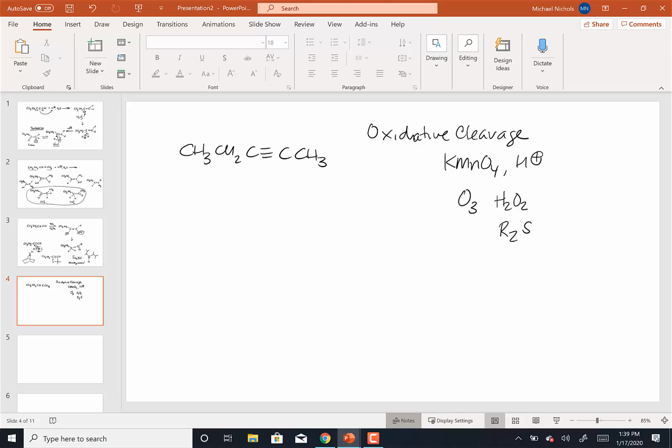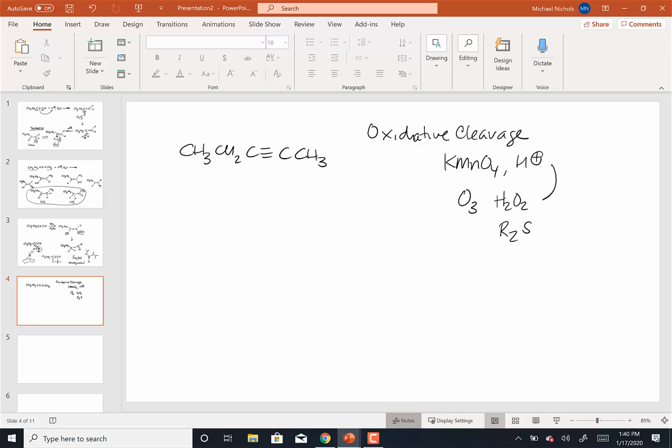What did they do? They cleaved the double bond and turned each carbon into a carbonyl. Now, from last semester, if you cleave the double bond, you turn it into a carbonyl. The question was, what do you do with aldehydes? Do you oxidize them to carboxylic acids or do they stay?